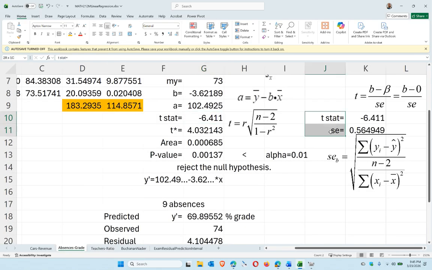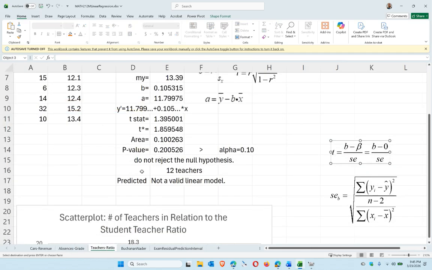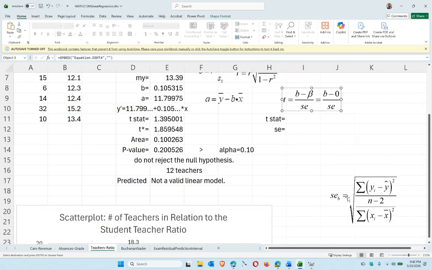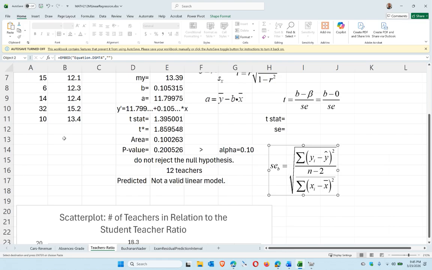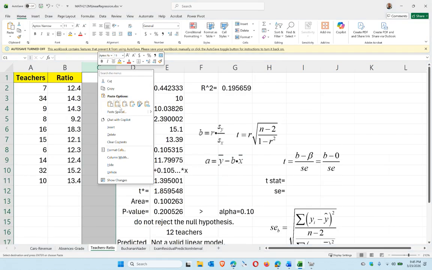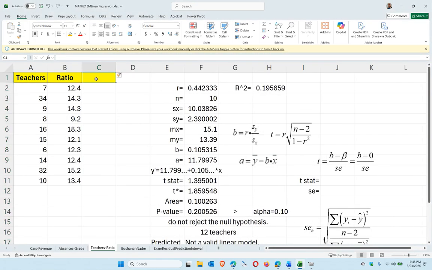So let's copy these, copy, and go to here. All right, put that up there, put that there. Okay, so we have insert, and we have y hat. So a plus b times x, and these don't change.